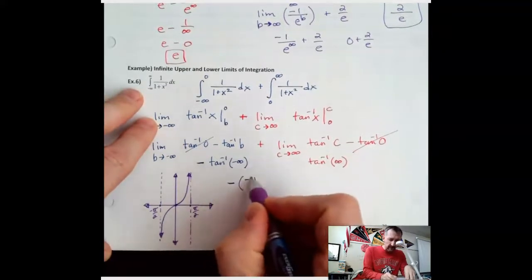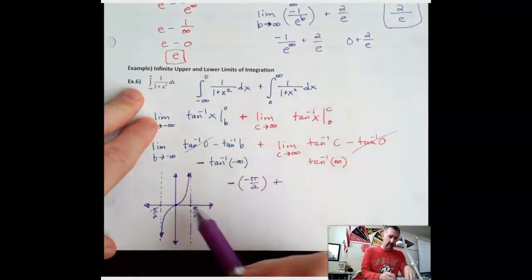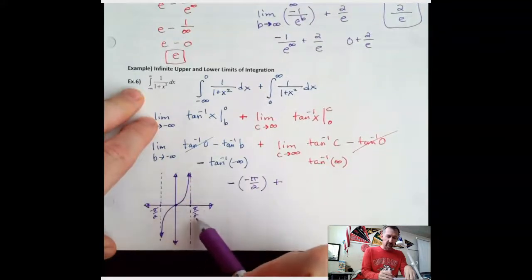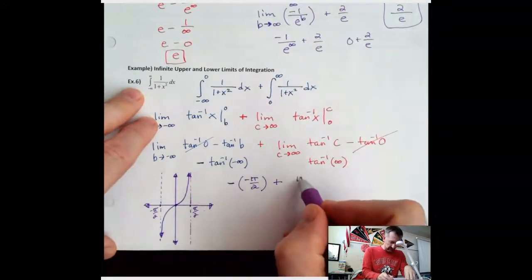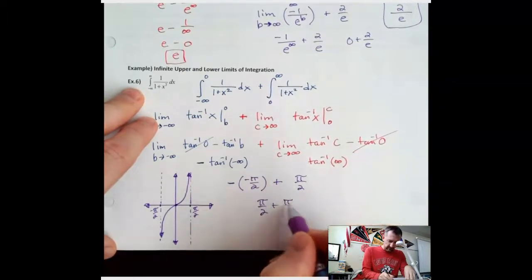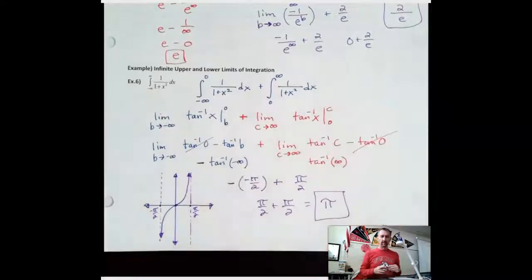So that's going to be negative pi over 2. And then over here, as that approaches infinity, tangent is going to approach pi over 2. So that's going to be pi over 2. So pi over 2 plus pi over 2 is pi.